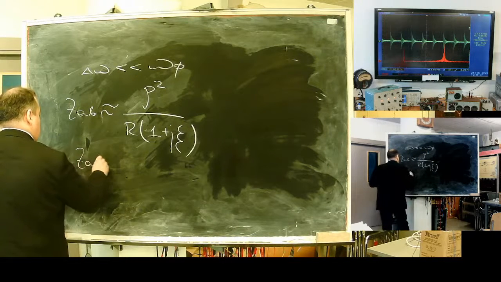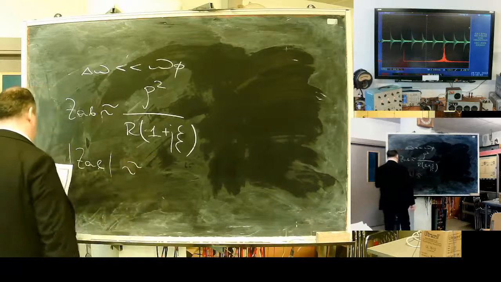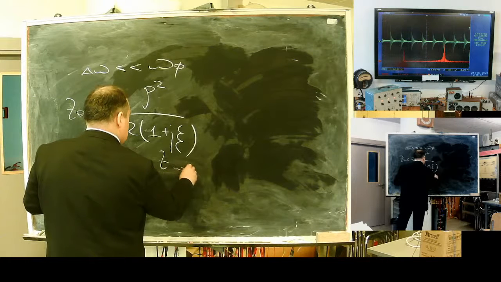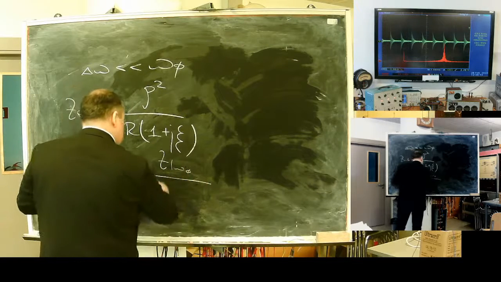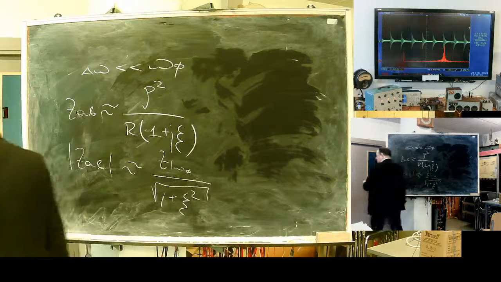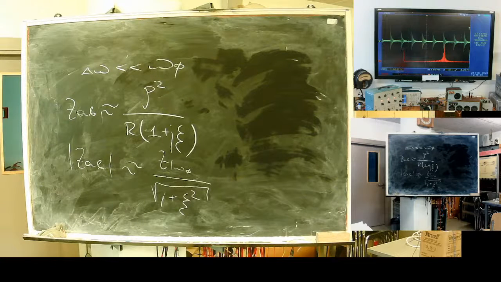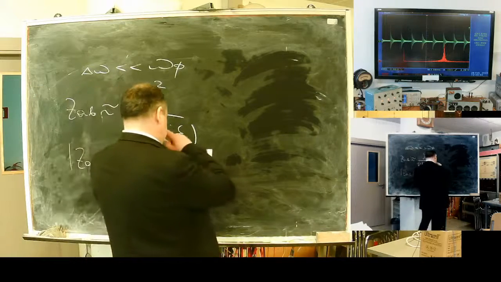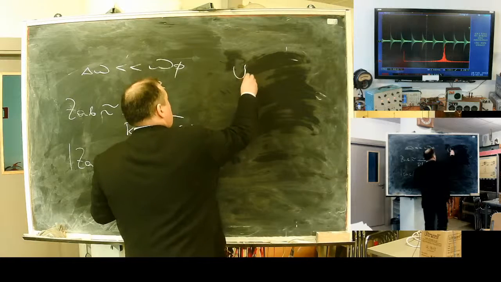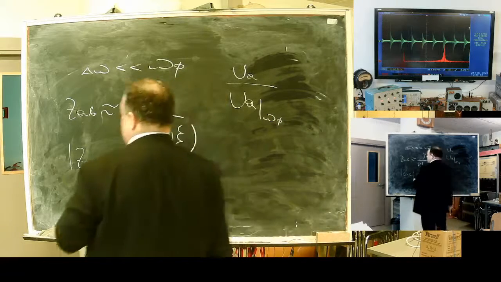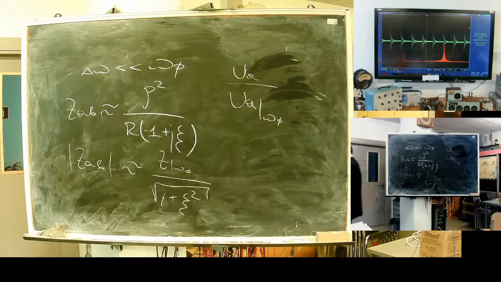Its absolute value can be approximated at the frequency omega as rho squared over R divided by the square root of 1 plus c squared. The resonant characteristic is the voltage UA against UA at the frequency omega 0. The resonant characteristic will give us the transfer function.